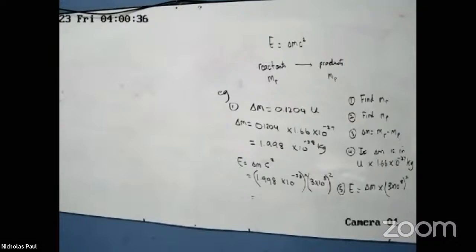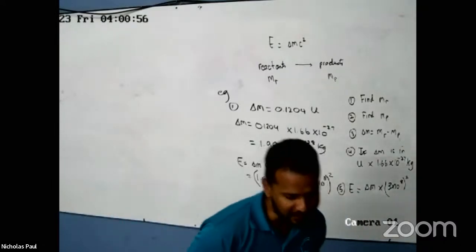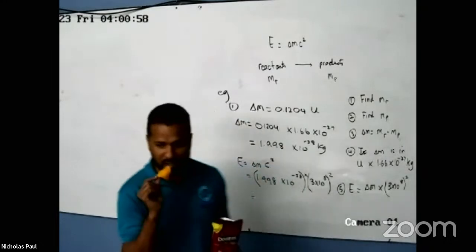What did you all get? Check and tell me. Yeah, 1.798 by 10 to the minus 11.